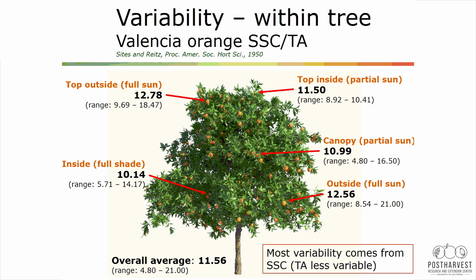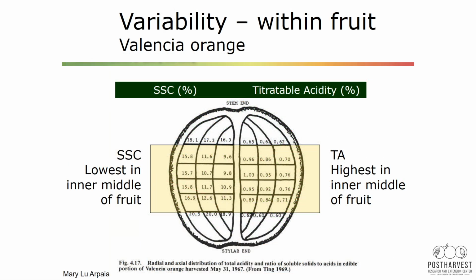So this is an example of variability within the canopy in a citrus tree, right? From the outside to the inside of the canopy, to the top. So you can see that the soluble solids to acidity ratio changes. There's a range.